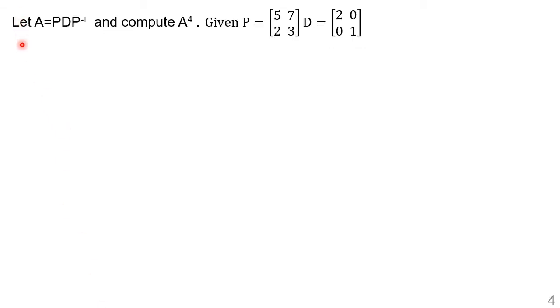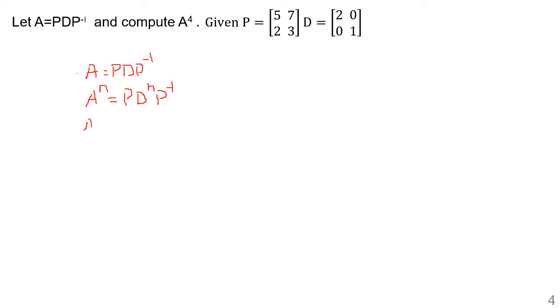Second problem. Let A is equal to C B C inverse and compute A to the power 4, given C as 5, 7, 2, 3 and B equal to 2, 0, 0, 1. Given A is equal to C B C inverse, A to the power n is equal to C B to the power n C inverse.